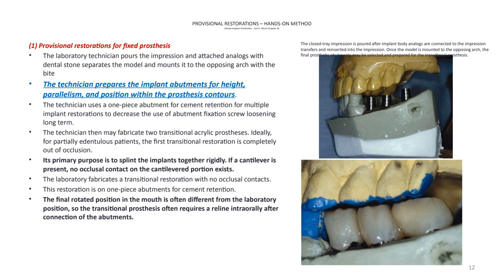But also keep in mind all the time, whether it's a provisional restoration or a final restoration for an implant case, we want the occlusal contact to be very light, so it doesn't put too much pressure on the implant, even if the implants are osseointegrated.